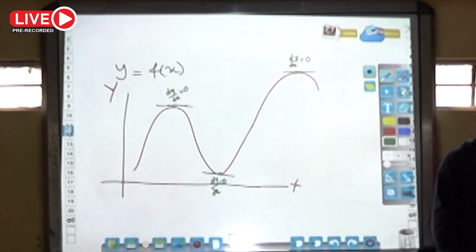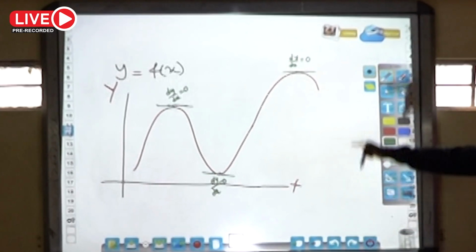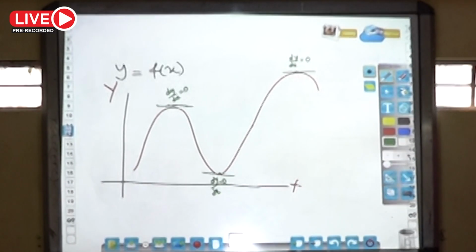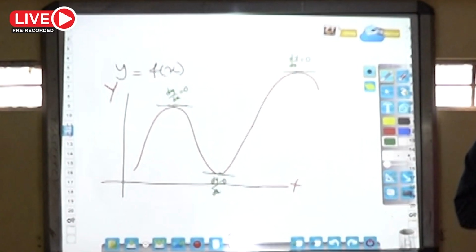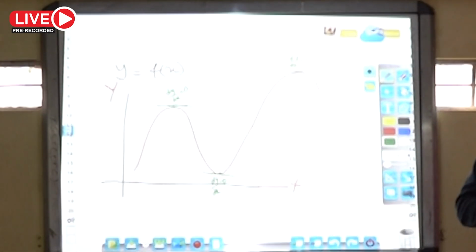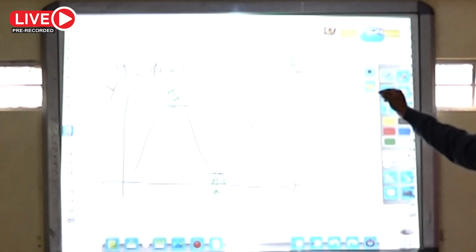Now if I have that function, and this graph is arbitrarily given to you, but suppose a very complicated function is given to you, can you plot the graph easily? So in this graph we can see the graph and find out at which points the tangent will be horizontal.